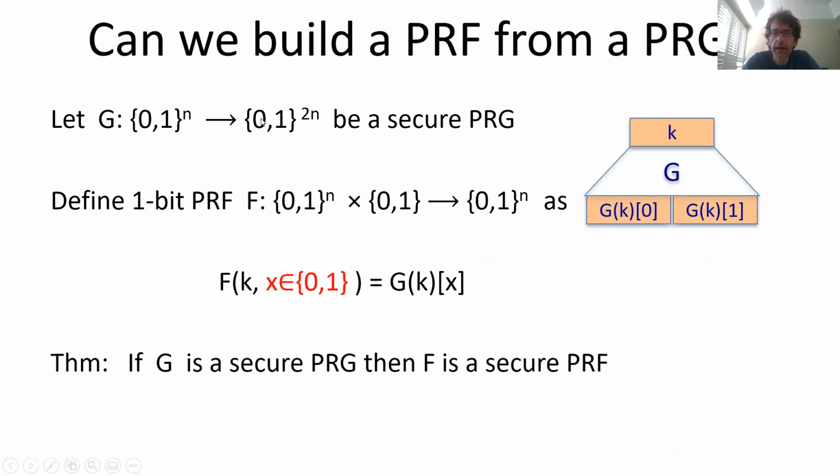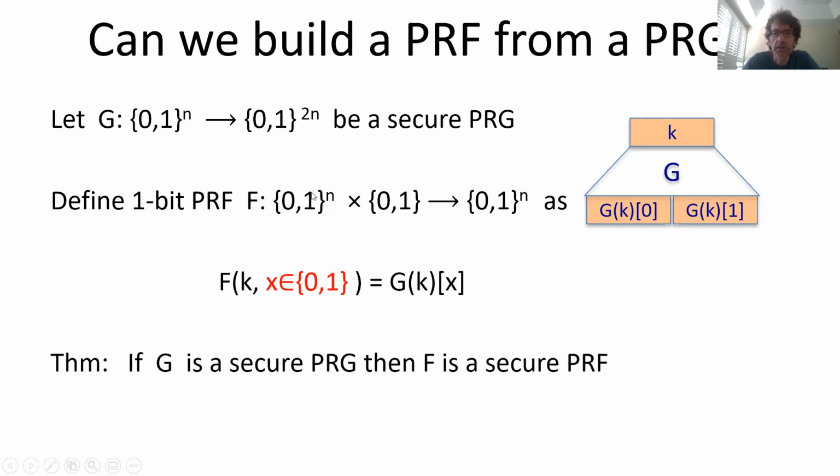Let's say you have a length-doubling PRG, and we actually have seen the first layer of this construction already. You define a PRF on a single-bit argument.